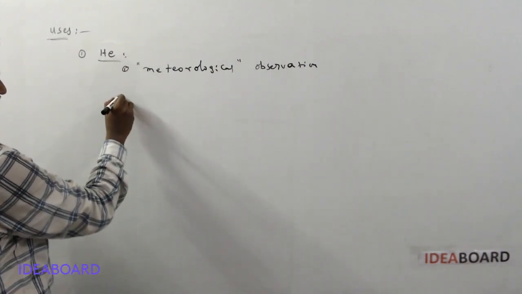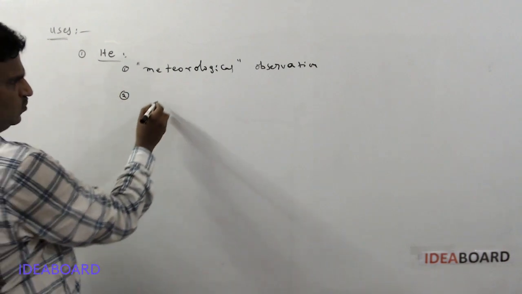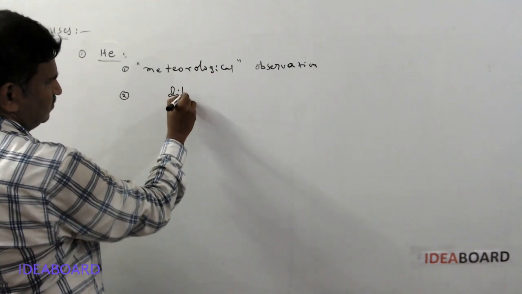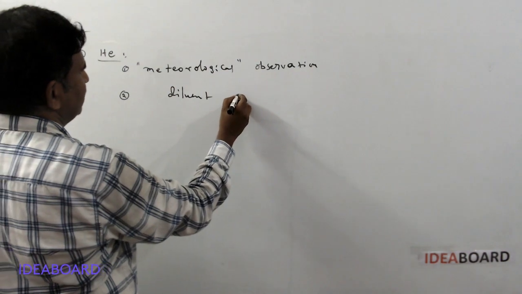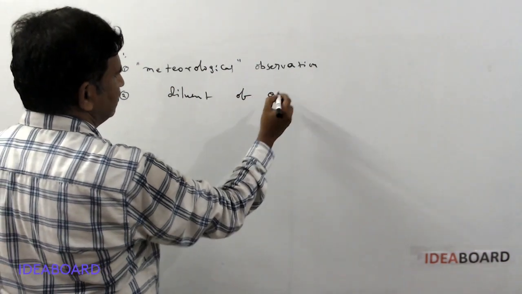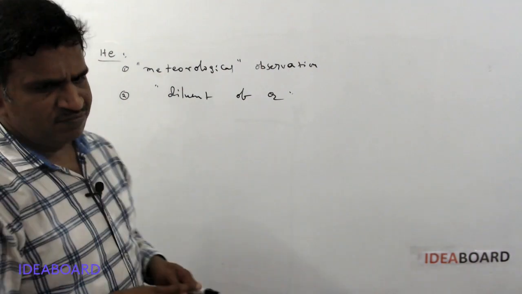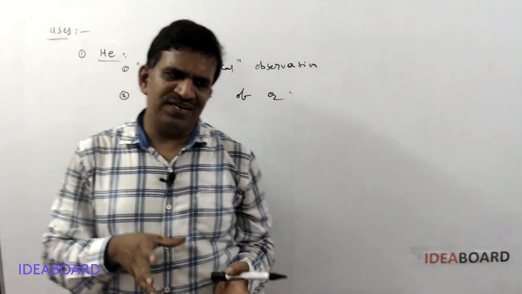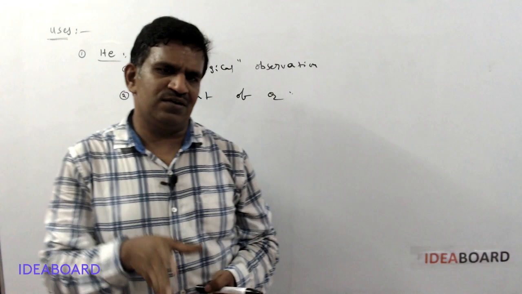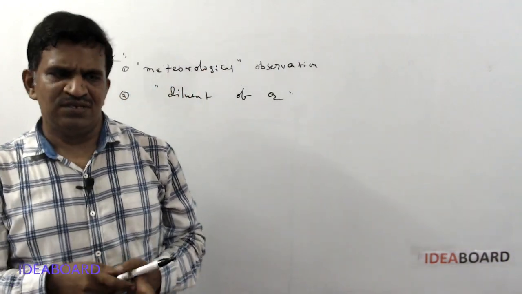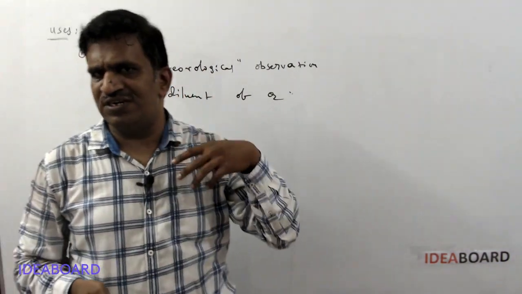This is the first point. Second point, it is also used as a diluent of oxygen for deep sea divers. Deep sea divers mainly observe marine life, aquatic life, and how they are under their conditions. The deep sea divers use an oxygen cylinder.